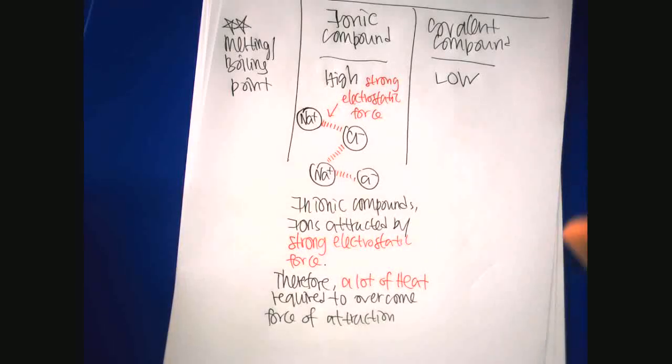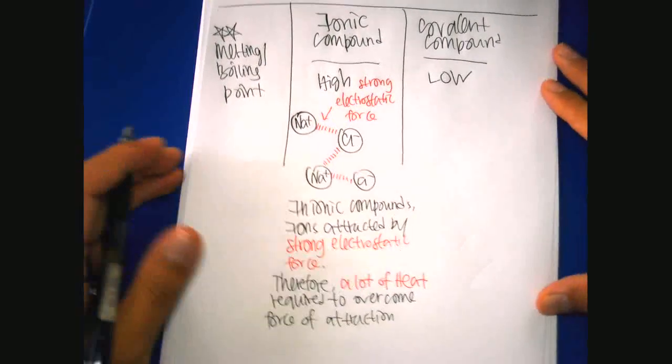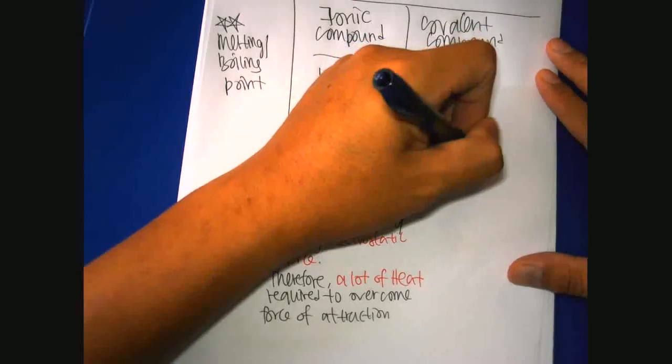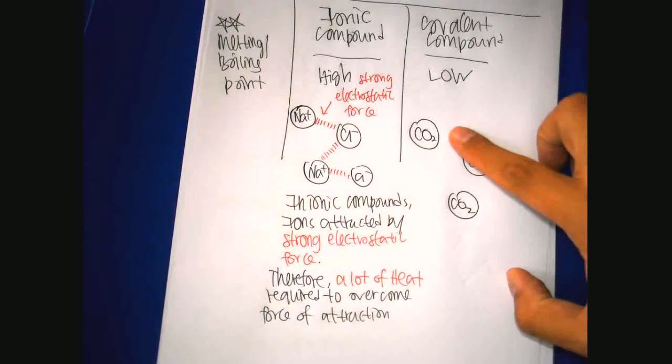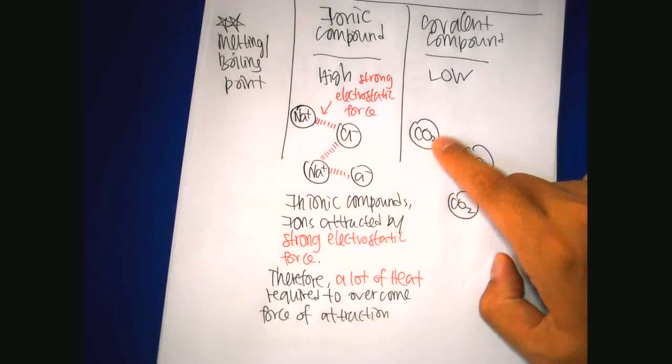Now when it comes to covalent compound, I need you to be a bit careful, and I'll explain what it is. Covalent compound is something made from non-metal and non-metal, let's say carbon dioxide. So all these are covalent compounds, made by non-metal and non-metal.